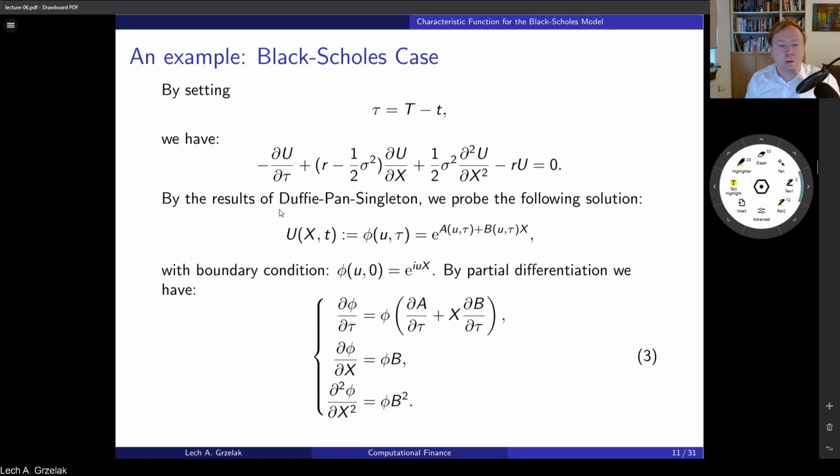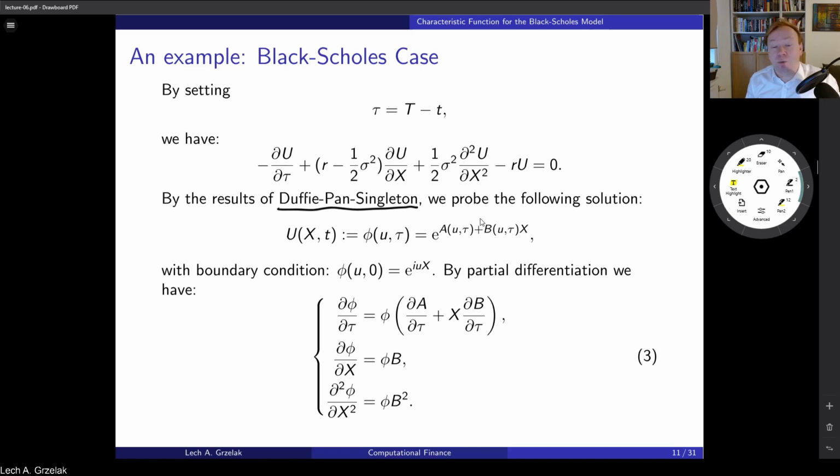And one powerful theorem that we would like to use right now. Later, I will provide you more details on it, but for now, we can use the result of Duffie, Pan, and Singleton, which claims that if we have a PDE of this form, then the solution for this PDE is given as the following equation. So we have u of x, t is equal to phi of tau, and then we have exponent a plus b times x.